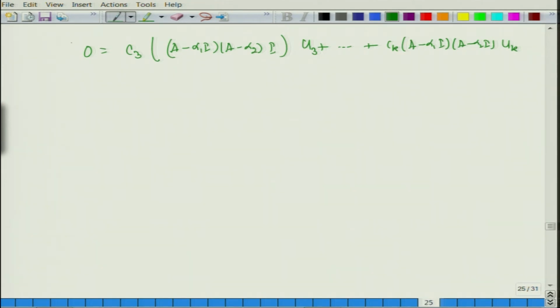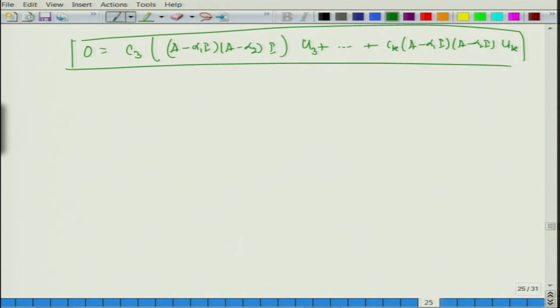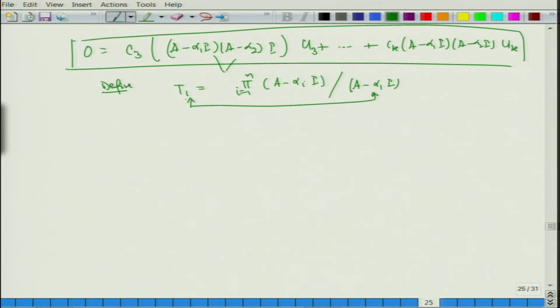So, in general what I am doing, let us rewrite this in a nice form so that you understand it, fine. I want to write some matrix. So, I define T1 is equal to product of A minus alpha I of identity, I from 1 to n, divided by A minus alpha 1 of I. So, this one comes with this one for me, is that okay?